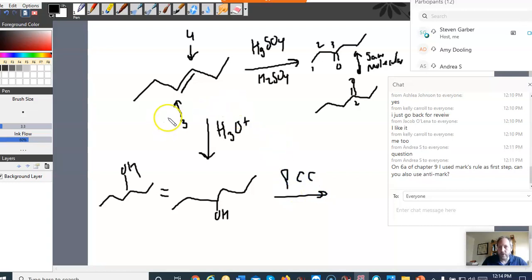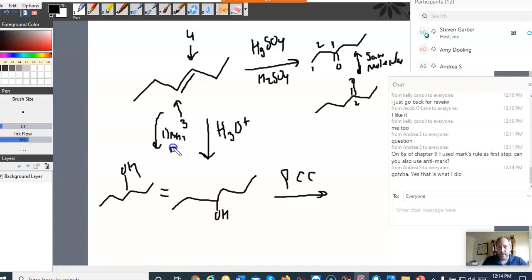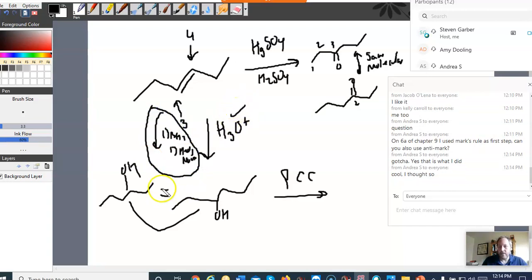But if you wanted to, you could also do the BH3 and the H2O2 and sodium hydroxide. Guess what? You'd get the same two compounds because there is no least substituted, it's equal. So if you're asking, can I do this reaction instead of this one, the answer is yes. Either way, it's the same thing.